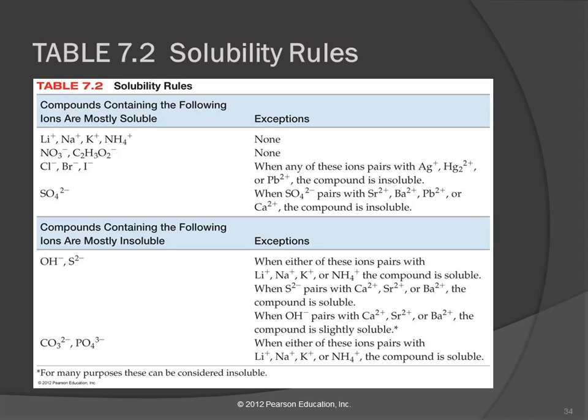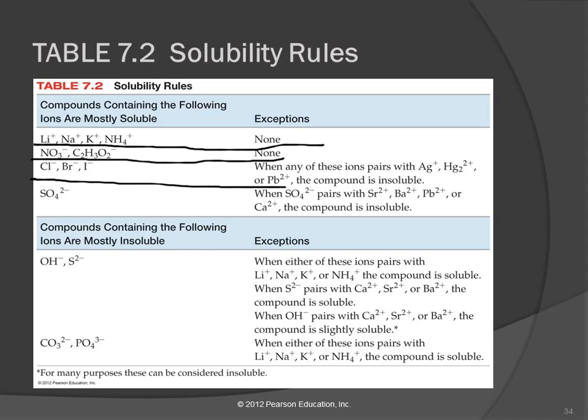So let's see if I can fix this. We really should have some lines here so that we can see what's going on. You get the idea. So if you've got a compound and it's got lithium, sodium, potassium, or ammonium in it, it's going to be soluble.